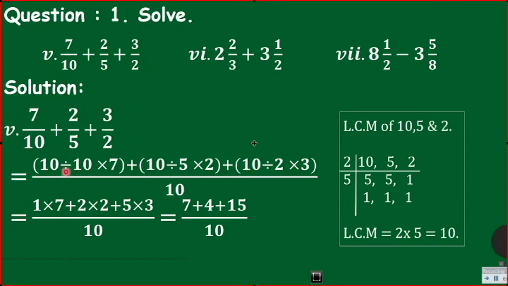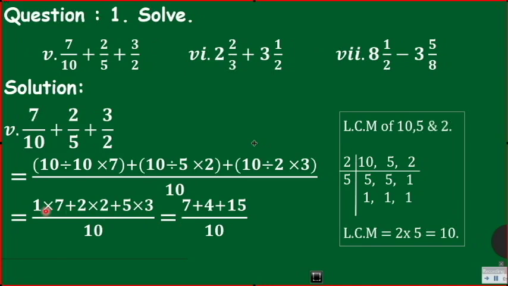Solve it. 10 divided by 10 equals 1. Here 10 divided by 5 equals 2. Here 10 divided by 2 equals 5. Multiply 7, multiply 2, multiply 3.